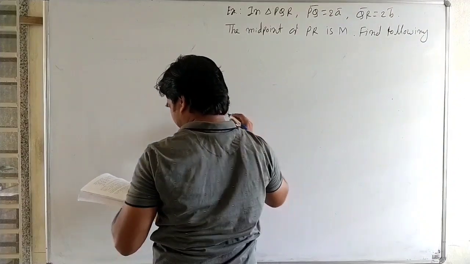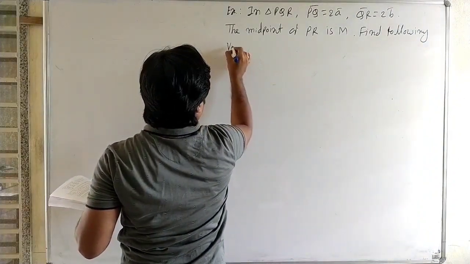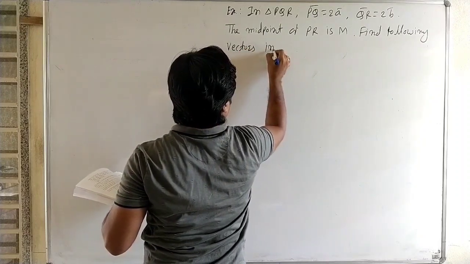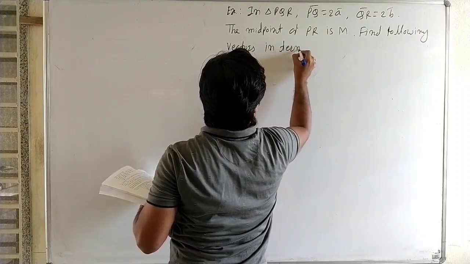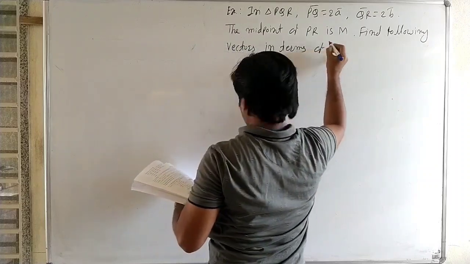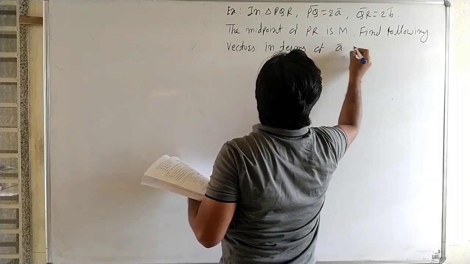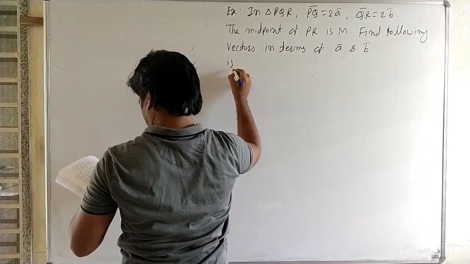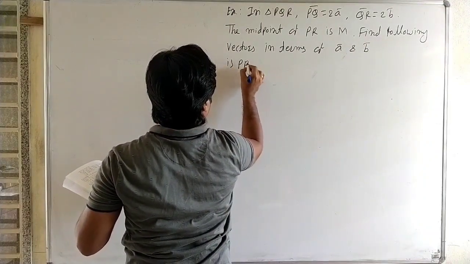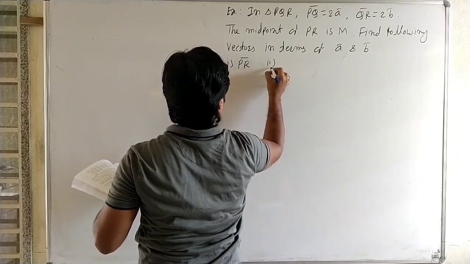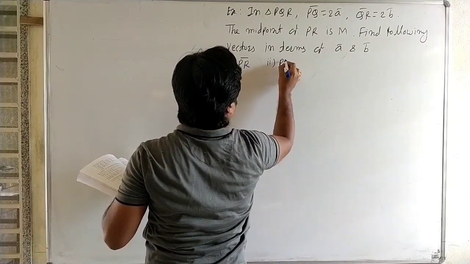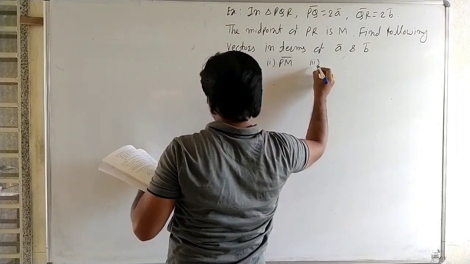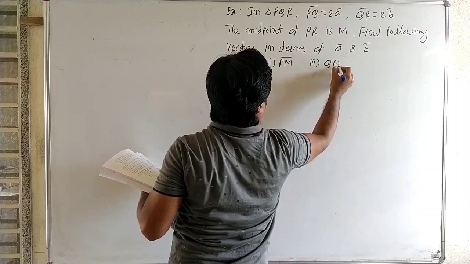Find the following vectors in terms of A bar and B bar, where the first is vector PR, the second is vector PM, and the third is vector QM.